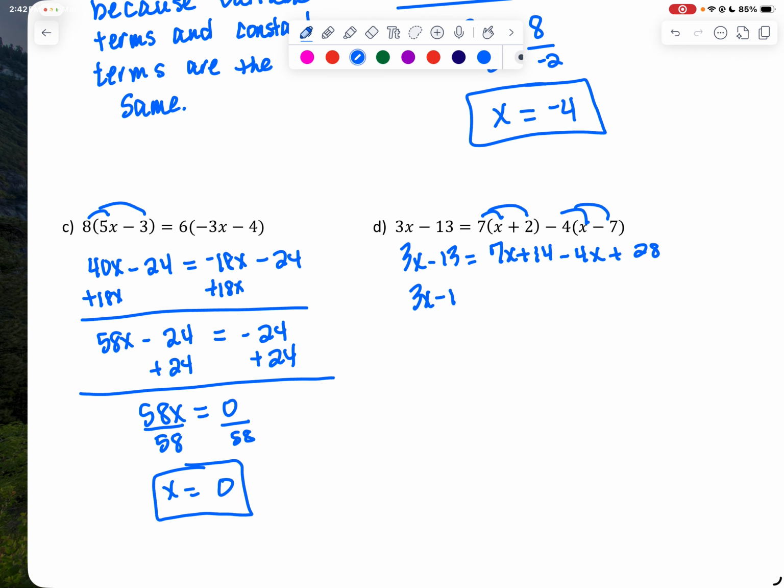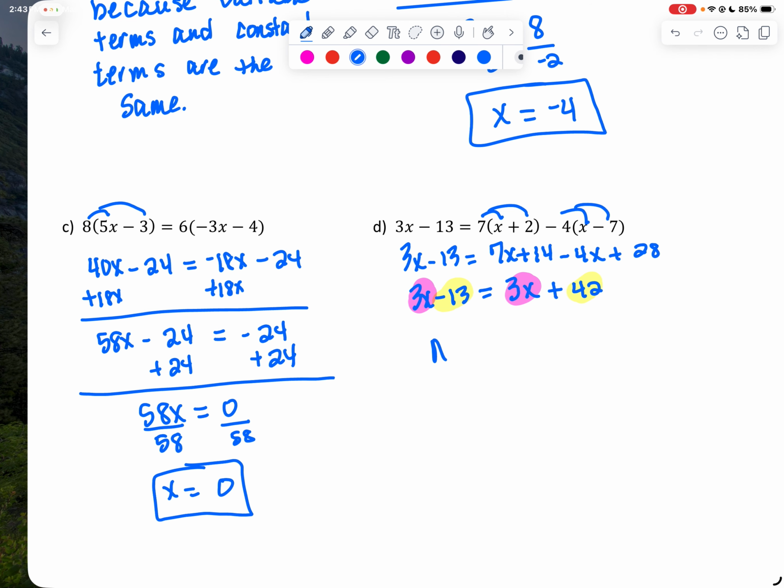Then I combined like terms on the right side. 7x minus 4x was 3x, and 14 plus 28 is 42. Then I noticed that the variable terms were the same, but the constant terms are different.